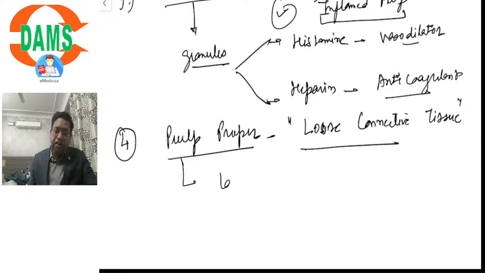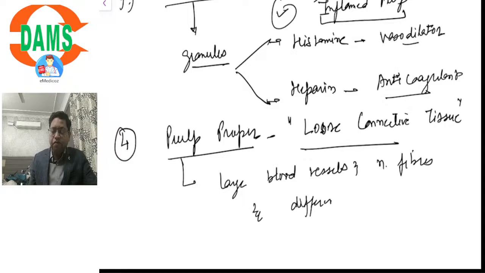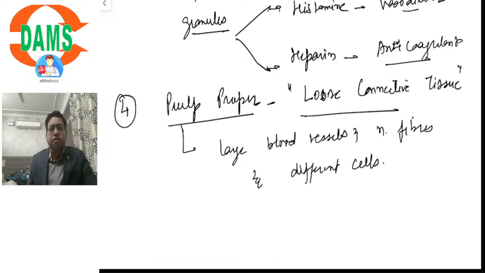Pulp proper consists of large blood vessels and nerve fibers, and different cells. What are the different cells? We have already seen with the cell-rich zone. So from outside to inside, this is the basic structural organization of dental pulp, from the odontoblast layer to the cell-free zone to the cell-rich zone and to the pulp proper.